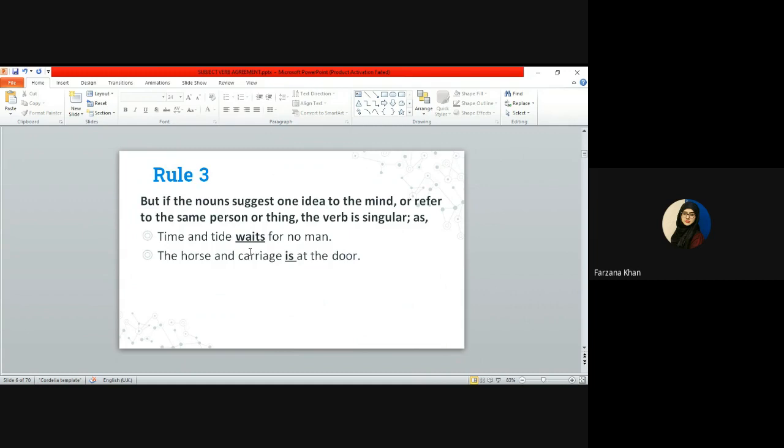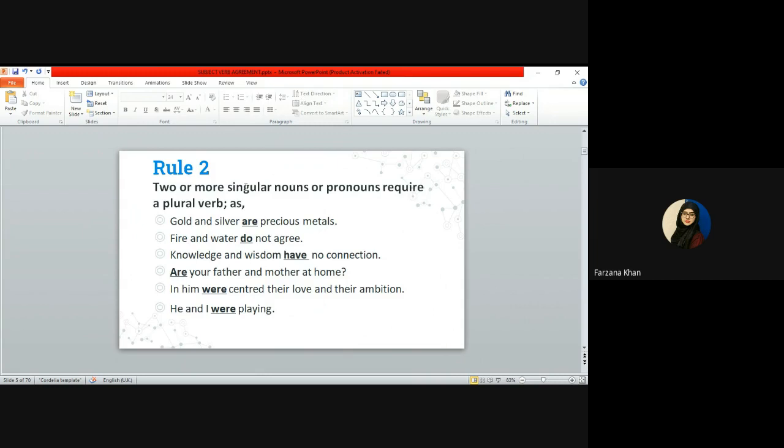Here is rule number 3. But if the nouns suggest one idea to the mind or refer to the same person or thing, the verb is singular. This rule is in reference to rule number 2. In rule number 2, when two or more singular nouns or pronouns are there, we will go for a plural verb.